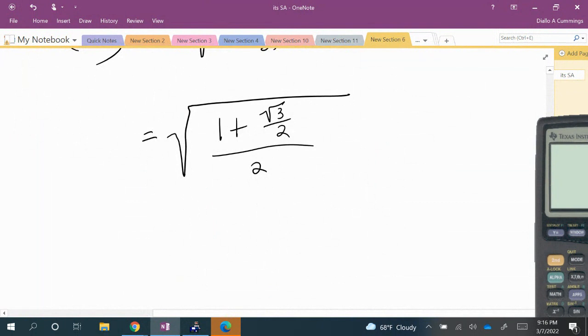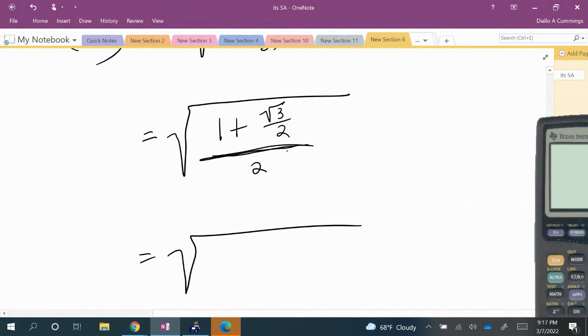Right, and now we need to simplify. All right, so first of all, I'm going to try to clear the fractions. Okay, I have a fractional bar, which separates the numerator and the denominator. I want to make sure I get rid of any fractions in the numerator and any fractions in the denominator.